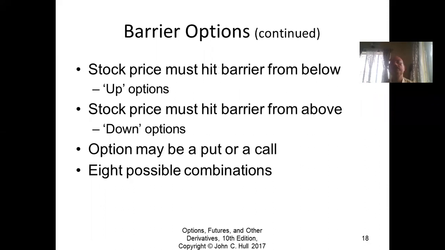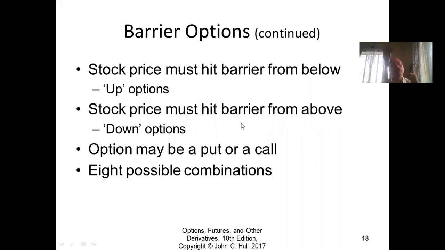And also, I can think of the barrier below the current stock price or above the current stock price. So I can have a situation where the barrier will be hit from below. These are called up options. So the barrier is above you. Or you can hit the barrier from above, which means the barrier is below you.